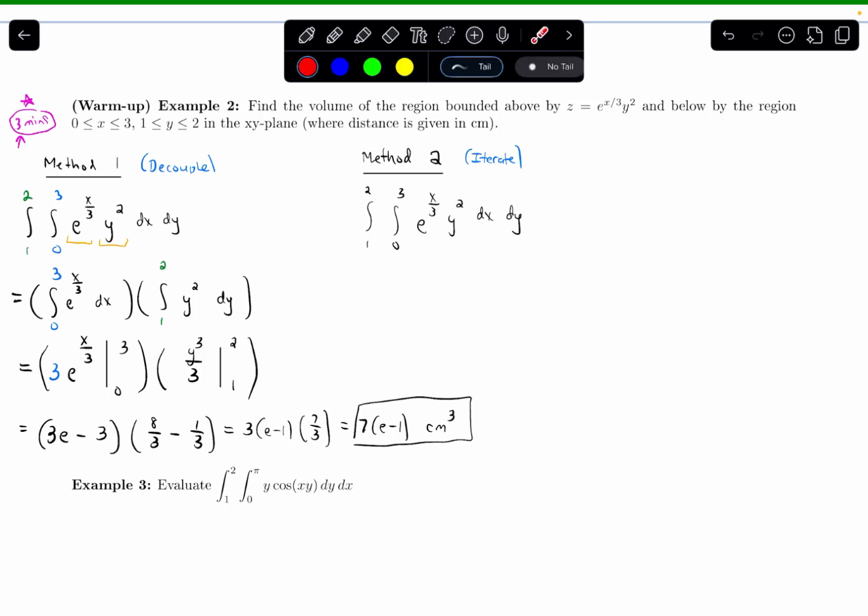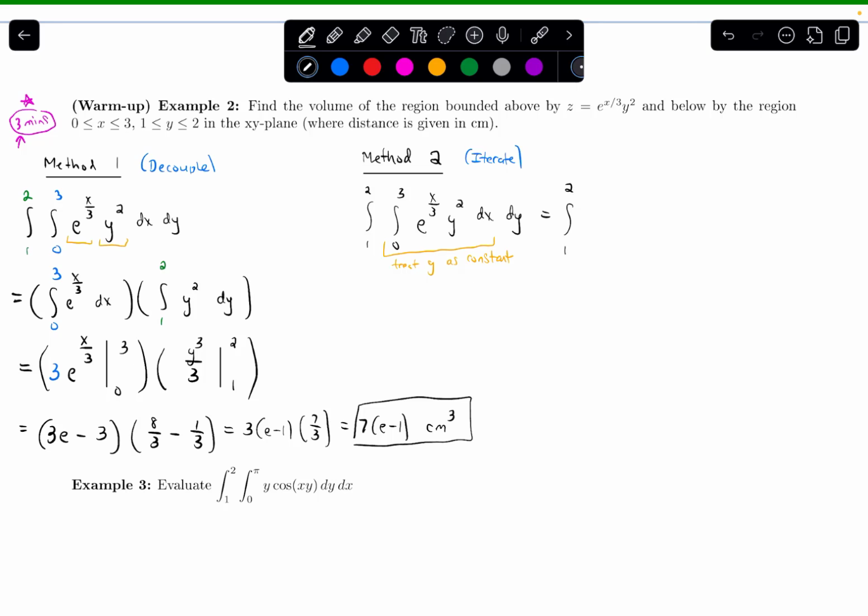And I could swap the order of these if I wanted to. I could make it work in either order. But let's just do it this way. So I do the inner integral first, which is the dx integral. And that means we've got to treat x as a variable and treat y as a constant. Okay, so let's write the outer integral, 1 to 2.